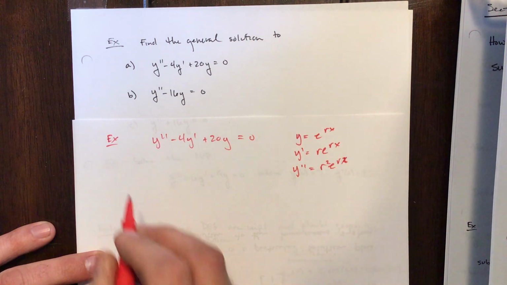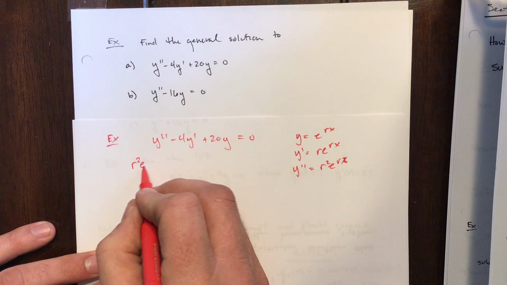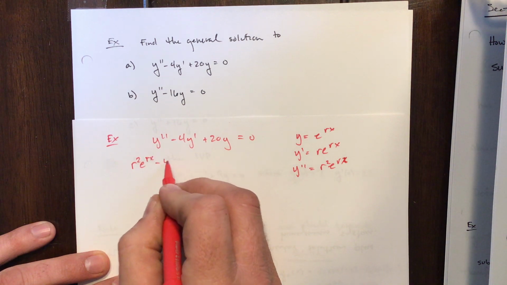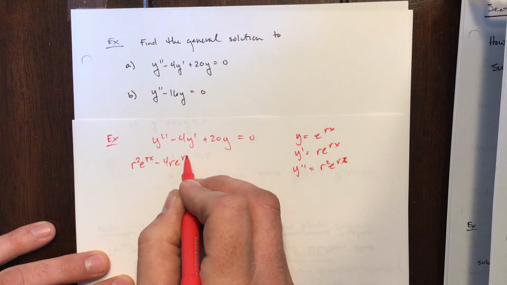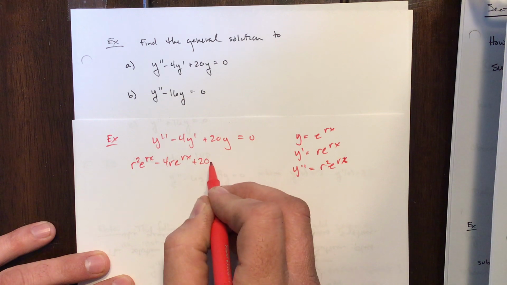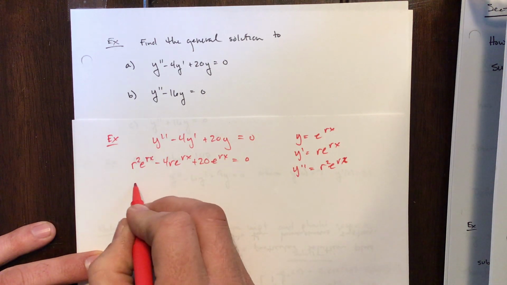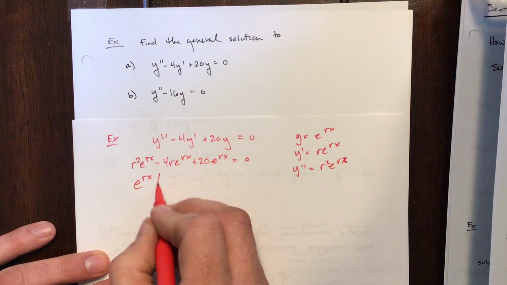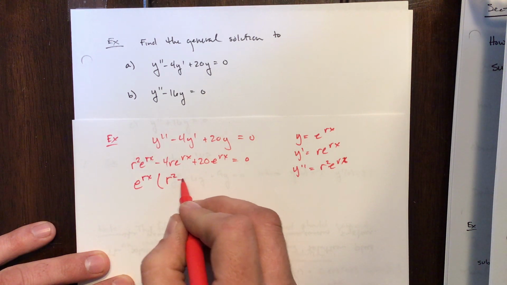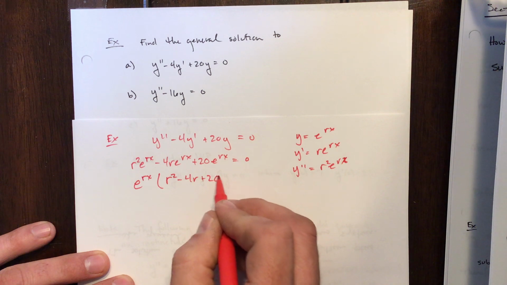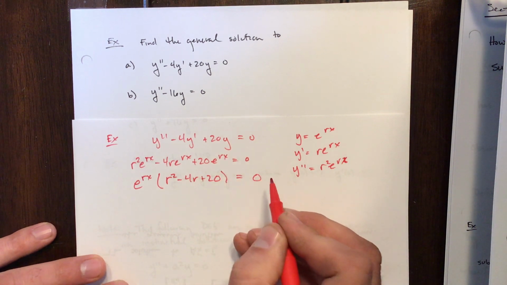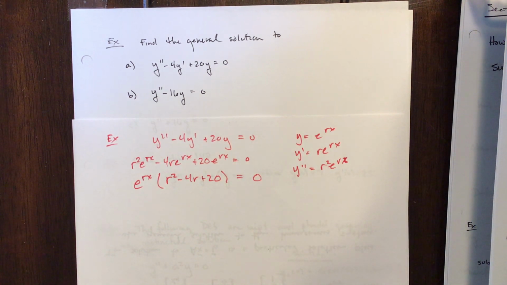So that's r squared e to the rx minus 4 r e to the rx plus 20 e to the rx is equal to 0. Each term has an e to the rx in it. Factor that out. You get r squared minus 4r plus 20 is equal to 0.